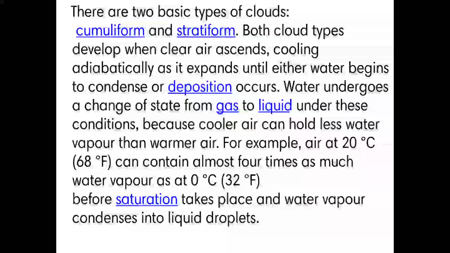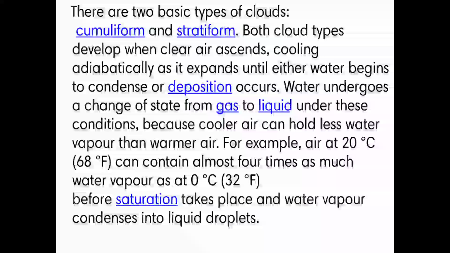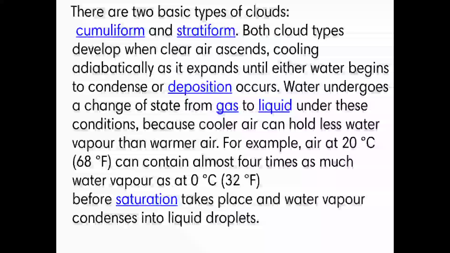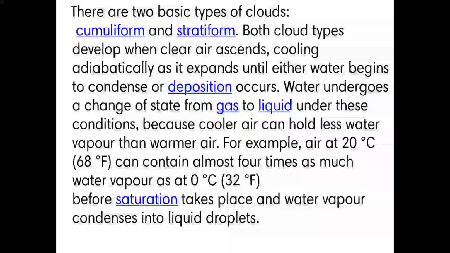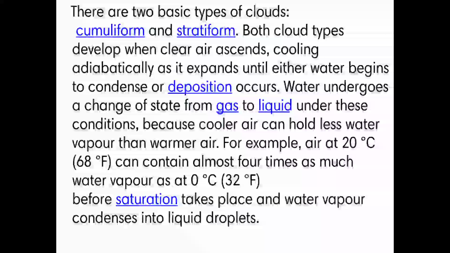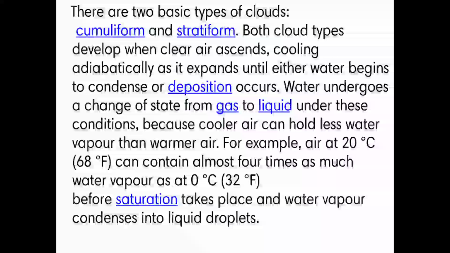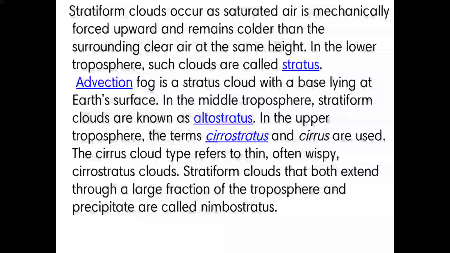Water undergoes a change of state from gas to liquid under these conditions because cooler air can hold less water vapor than warmer air. For example, air at 20 degrees centigrade can contain almost 4 times as much water vapor as at 0 degrees centigrade before saturation takes place and water vapor condenses into liquid droplets.